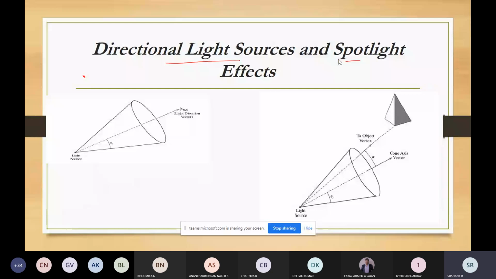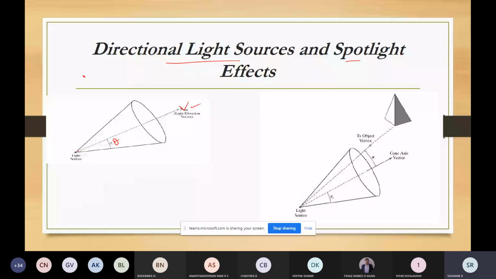So one way to set up this directional light source is to assign a vector. You can assign a vector to set a directional light source and an angular limit, which is given by theta, the angular limit. So this is a vector and this is an angular limit theta, measured from the direction of the vector, in addition to the position and color.